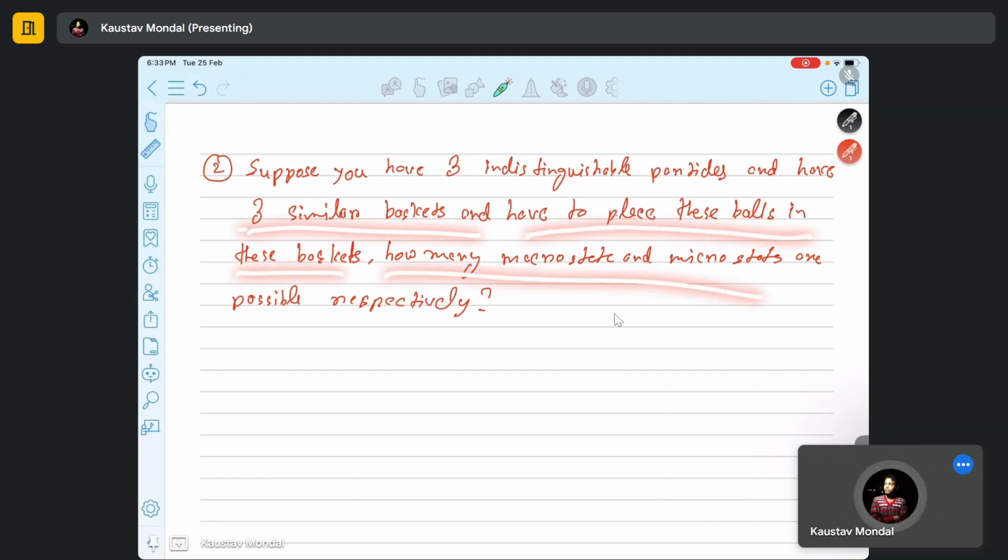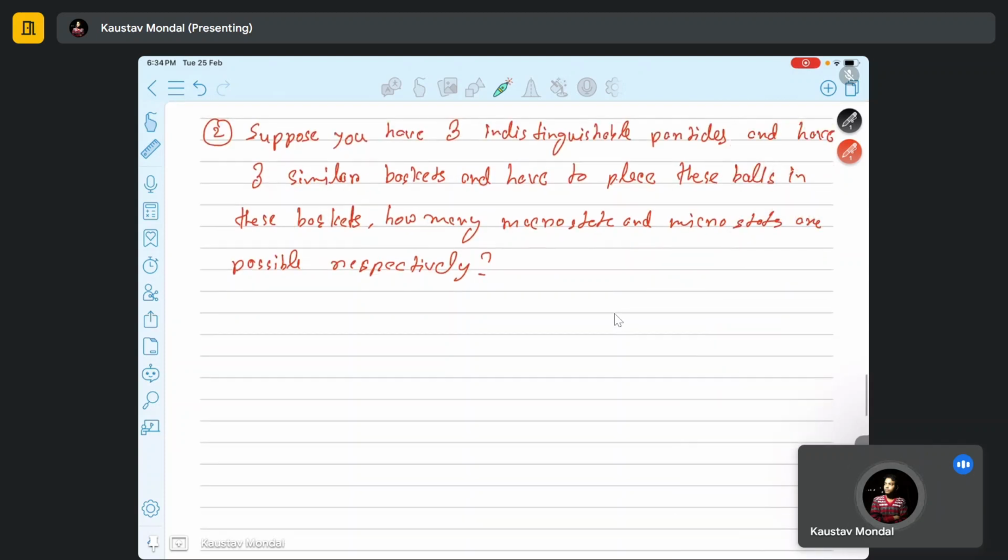So how many microstates and macrostates are possible? Microstate and macrostate basically mean the different combinations that you can use to distribute these three indistinguishable particles into three similar baskets. That you have to calculate.